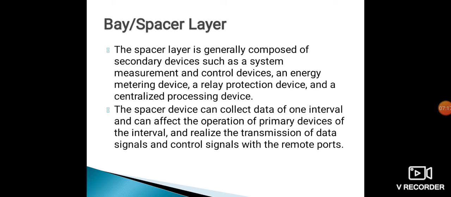The spacer or bay layer contains measuring devices and controlling devices, as well as metering devices and protection devices, and also centralized processing devices. So these are the devices connected to the bay or spacer layer.